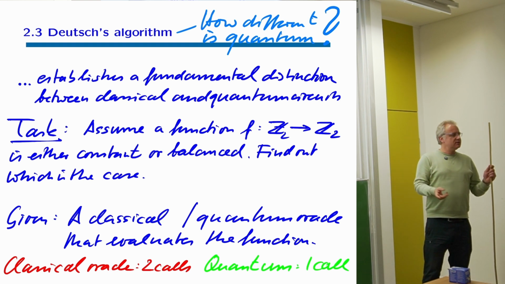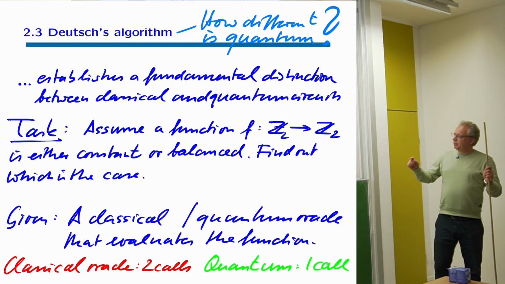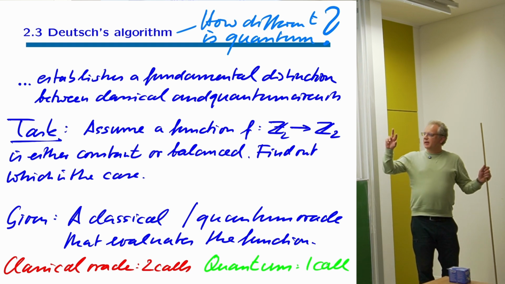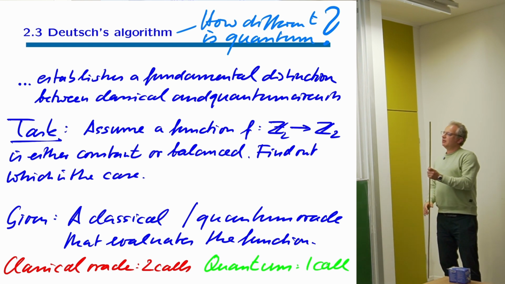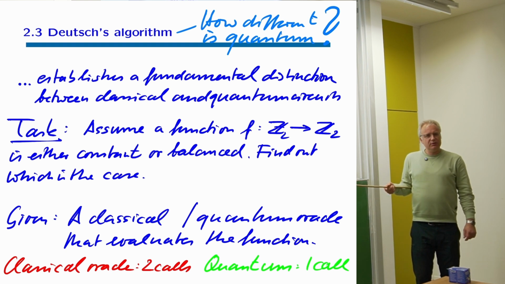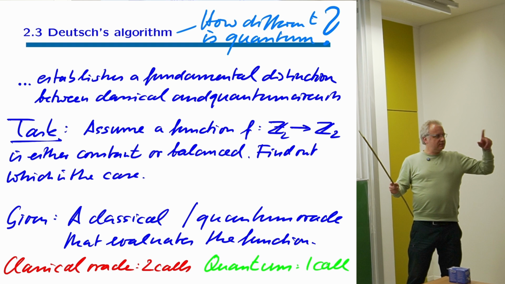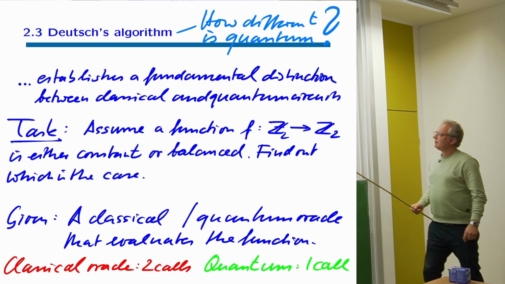Constant means it has the same value for both inputs, and balanced means it has different values for different inputs. You don't care for which input it has 0 and for which input it has 1, but if it is balanced, it means the value is different.